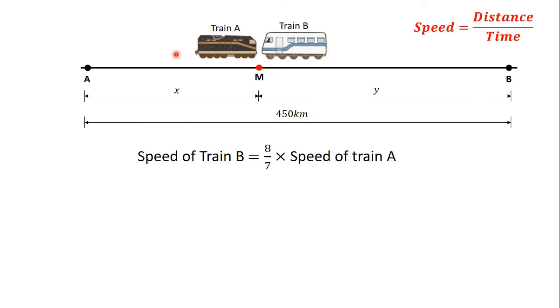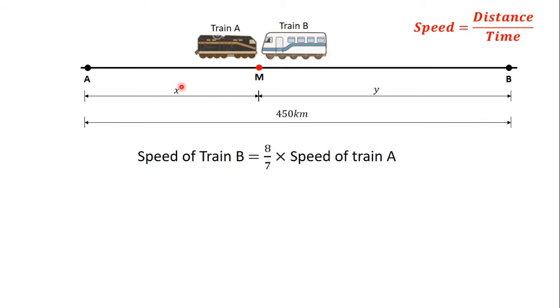Remember that from the question, we were told that these two trains met after 2 hours. So it means that both trains have covered a distance in a time of 2 hours. So the time for train A is 2 hours and the time for train B is 2 hours.